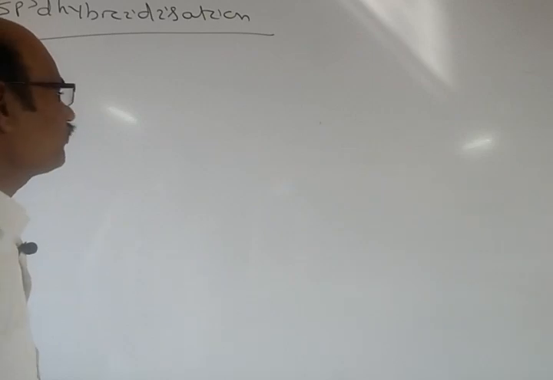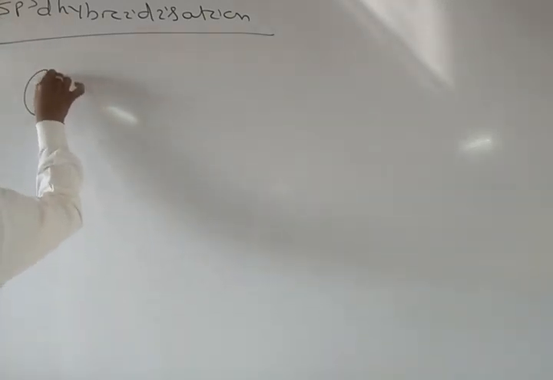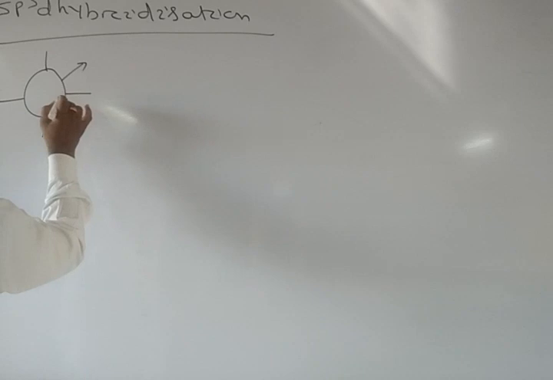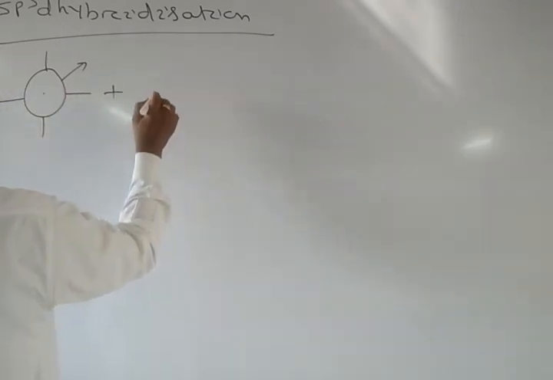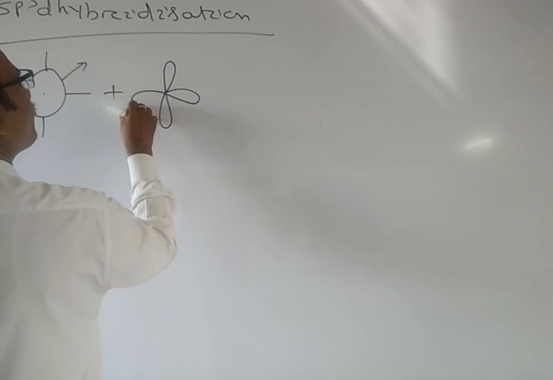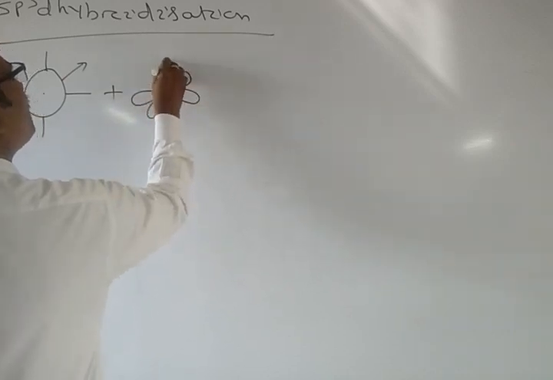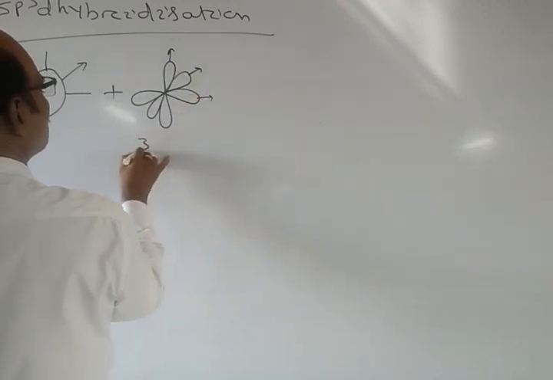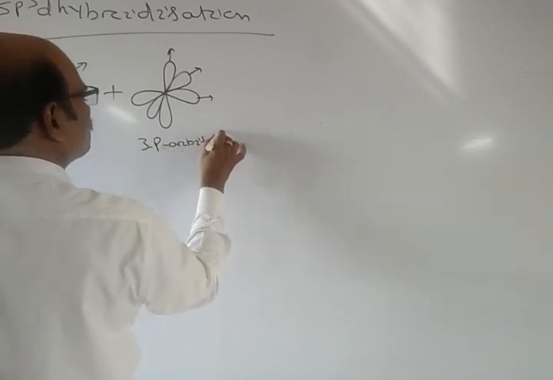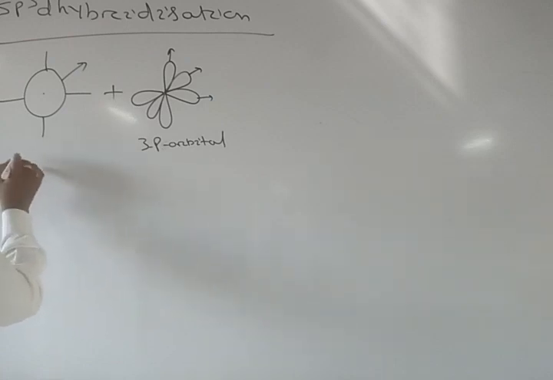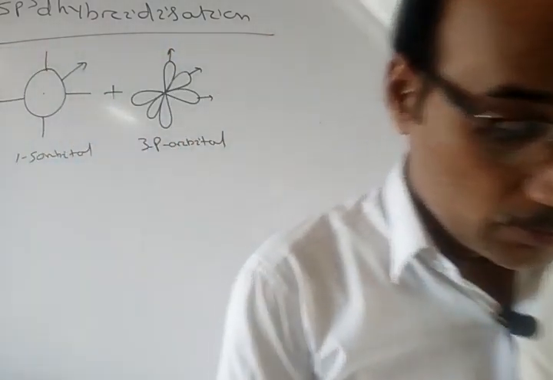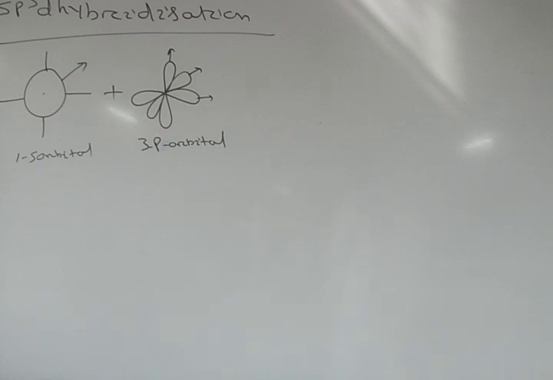So what will happen here? One s orbital plus three p orbitals, and we have one d orbital.